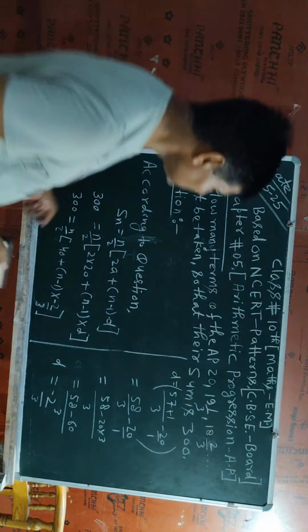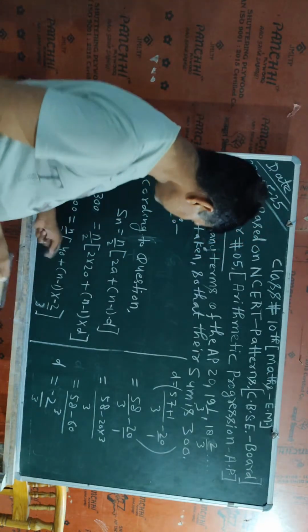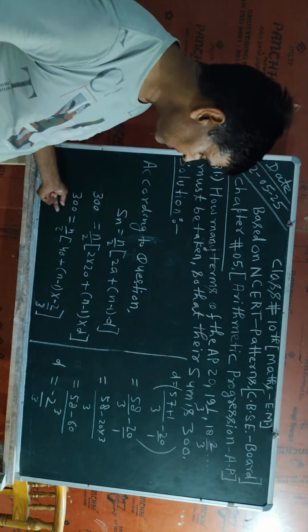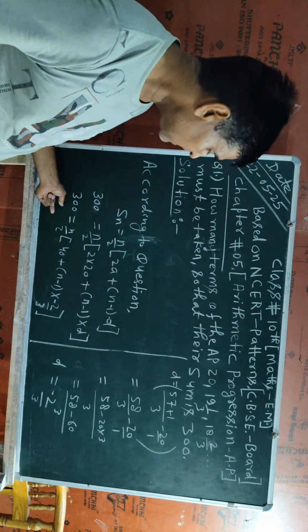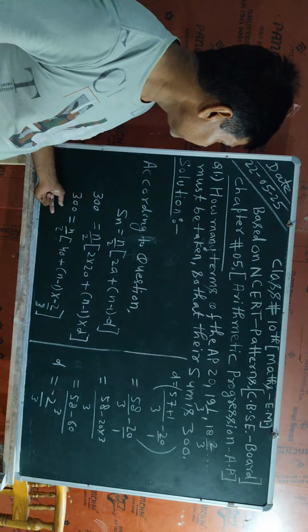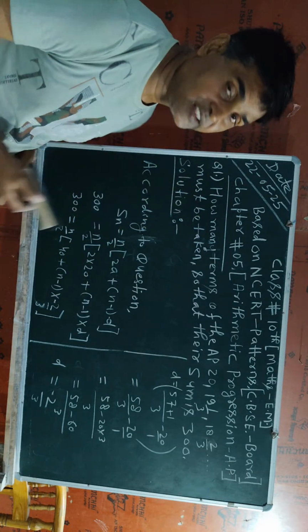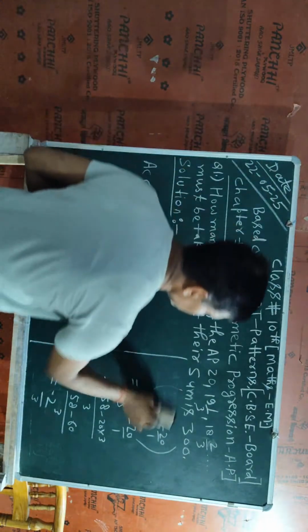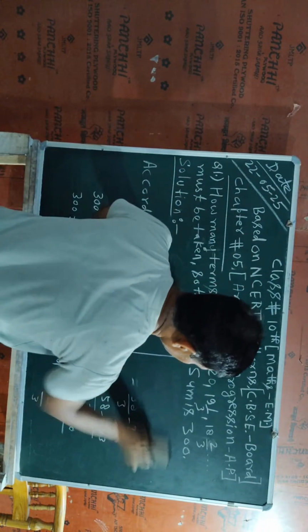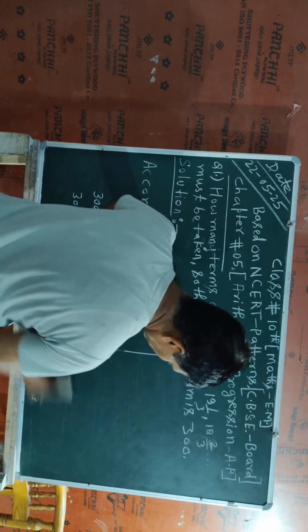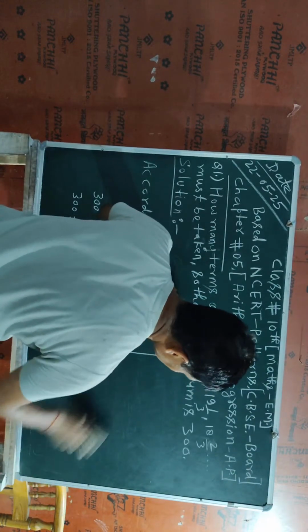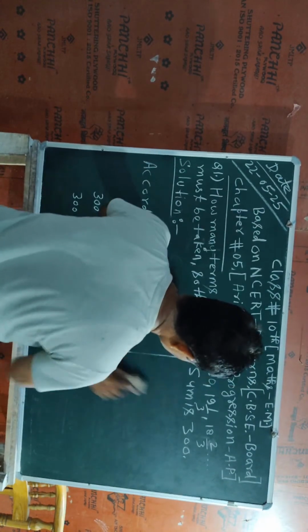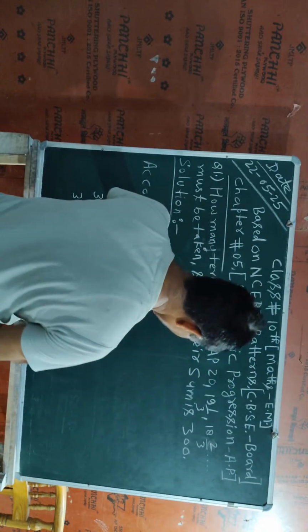Now further I will solve this expression. After solving this expression, I will get the value of n, and that value is demanded in the question. So further I am going to erase the written data, and after erasing we will solve it.